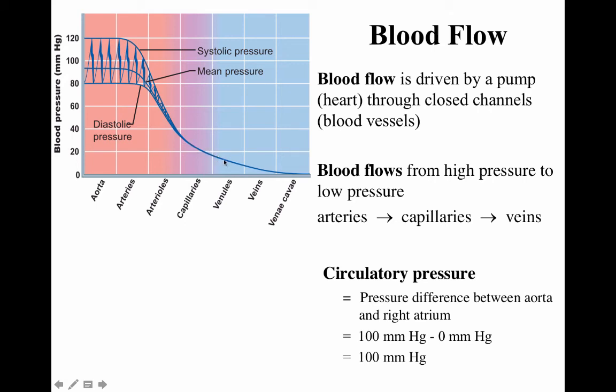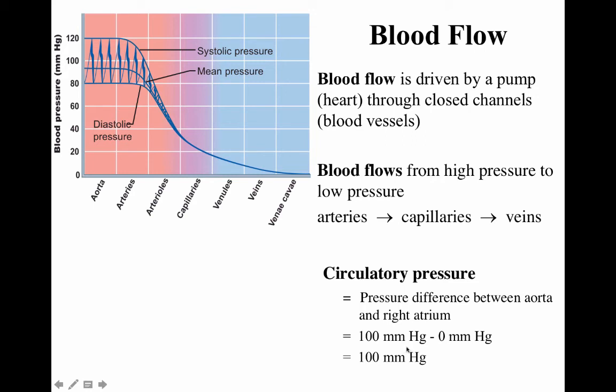And then as we get to venules and veins and the vena cava, our pressure is dropped significantly from where it began. So circulatory pressure is the pressure difference between the aorta and the right atrium. So thinking about the aorta being maximum pressure, the right atrium being the least as everything's returning.